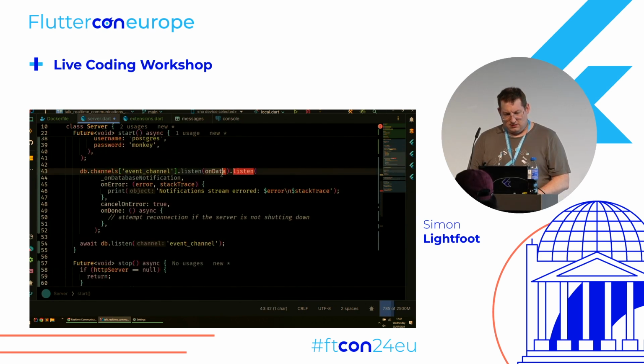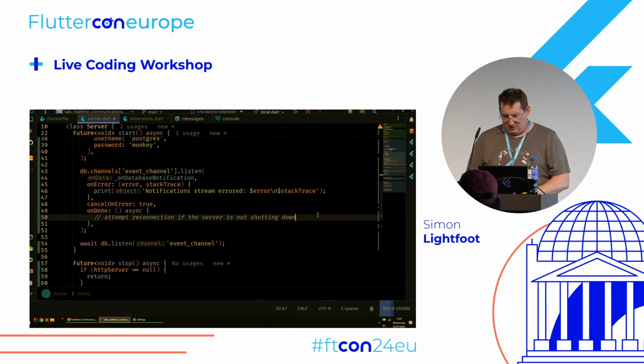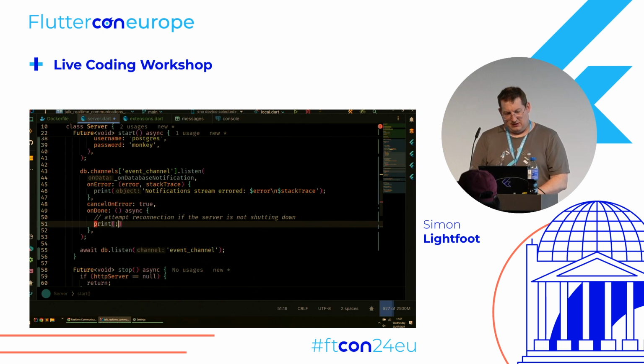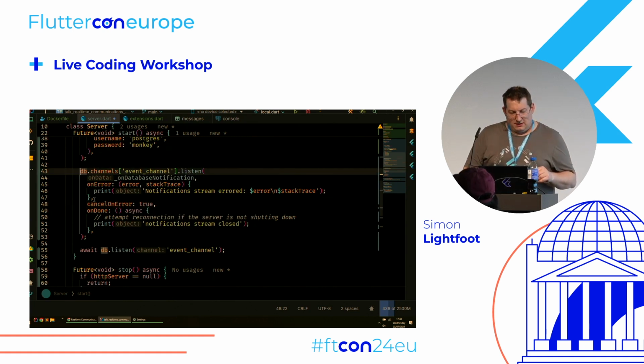And let's just do something else like notification stream closed, just so we're aware of what's going on. I don't think we'll get any of these things happen right now. We're not going to handle reconnections.